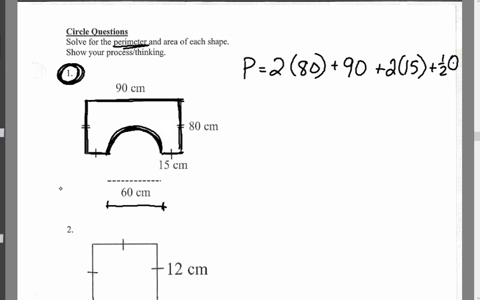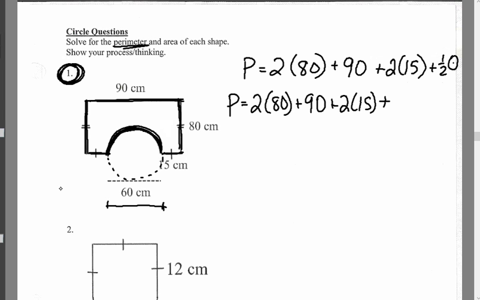Well, I'm going to rewrite this. 2 times 80 plus 90 plus 2 15s plus. How would I get the whole circle? Let's imagine that we're walking around a whole circle here. What does that 60 represent for the whole circle? Well, that 60 is the same as the diameter as if I walked around a whole circle.